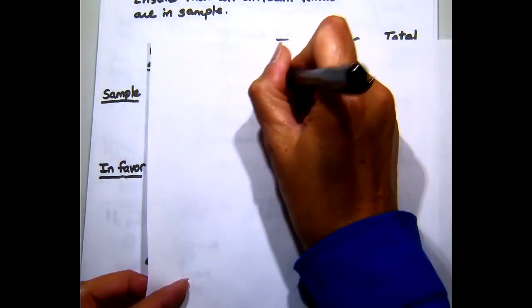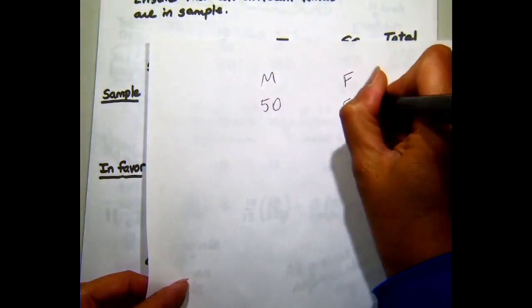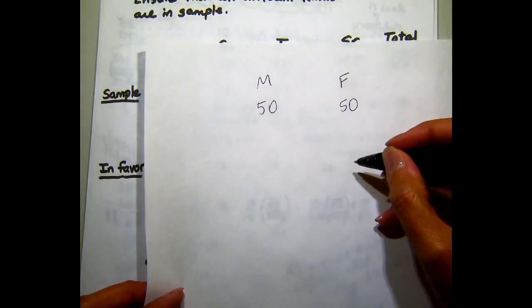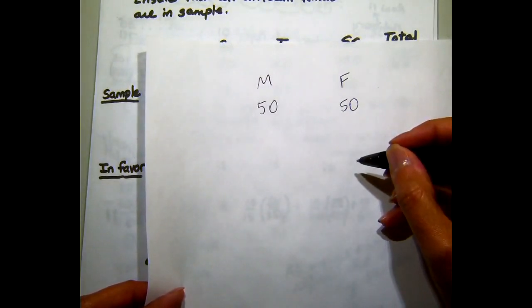Two groups of equal numbers like this, 50 males, 50 females. Okay, and what about them? How so? Male has a lower probability of getting a what? A reward?